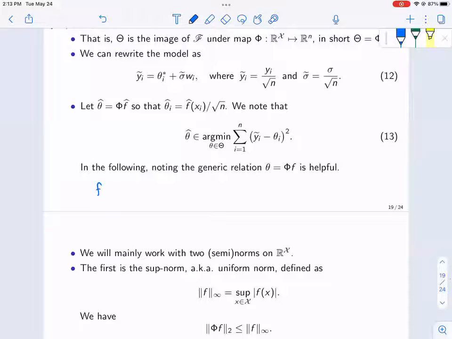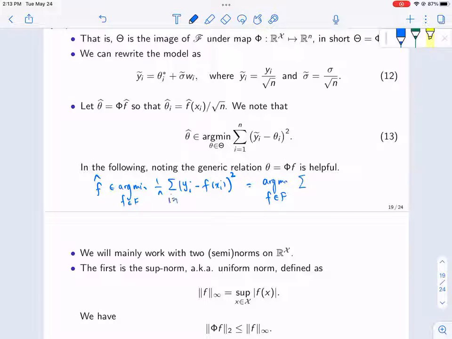So if I have f hat as the argmin of 1 over n summation of (y_i minus f of x_i) squared, I can write this as basically argmin over f in the class of the summation.